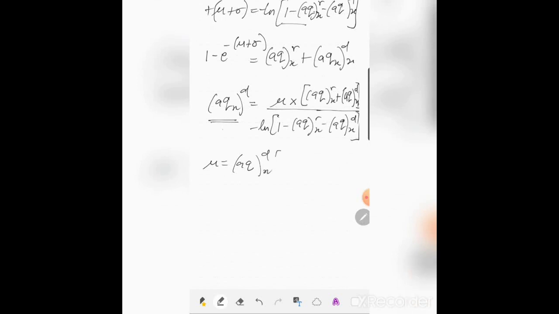So nu comes out as the log of 1 minus aqxr minus aqxd, times aqxd, divided by aqxr plus aqxd. This is supposed to be r and this is d.